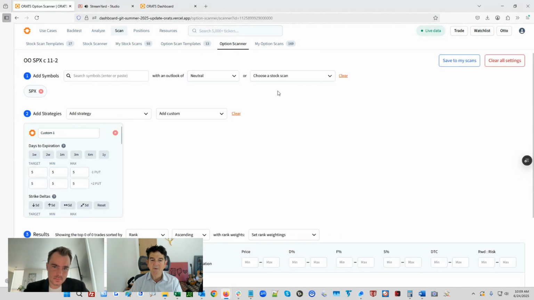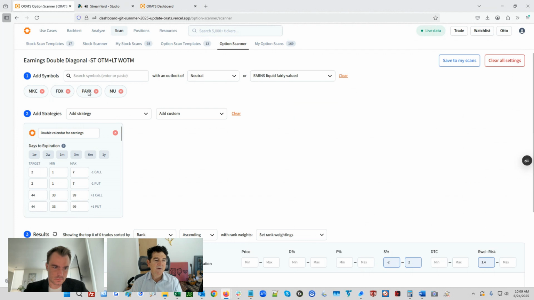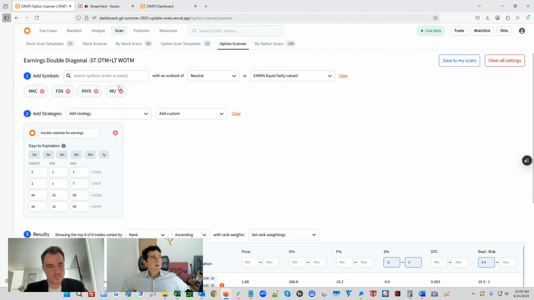Here's a double calendar. This is an example of the option scanner using the stock scanner to find stocks that have earnings coming up and it's liquid and fairly valued. So I just want like a normal earnings stock, and there aren't that many right now because it's not earnings season, but there's still some stragglers out there.